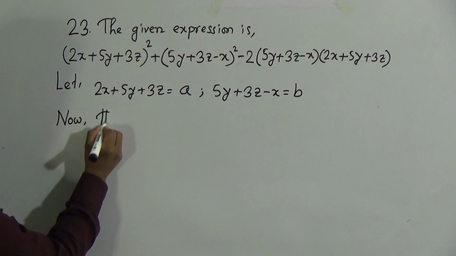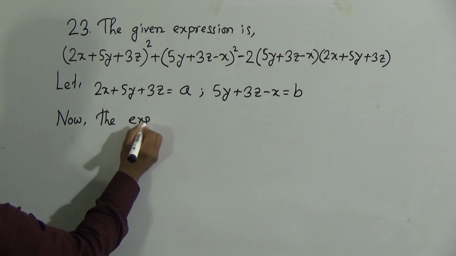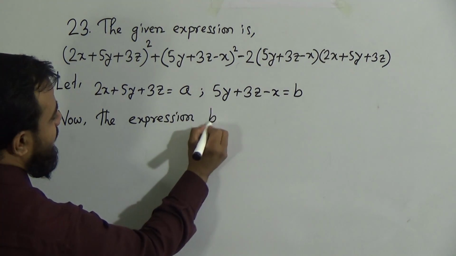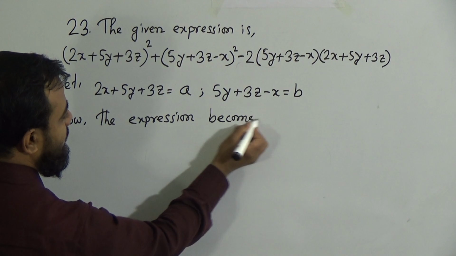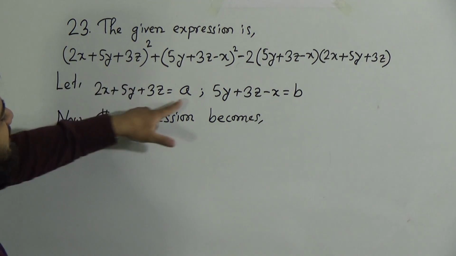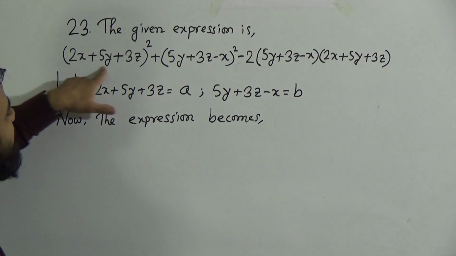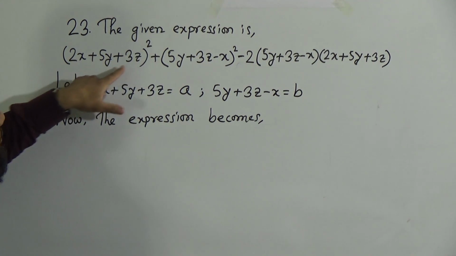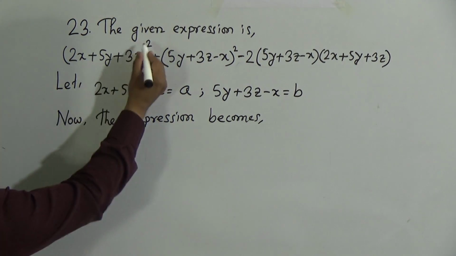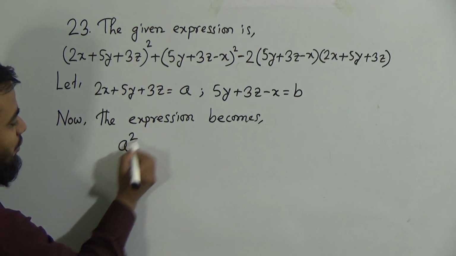Now the expression becomes, what? This one we assume already as a, so we can write a in the place of twice x plus 5y plus 3z. Okay, and the square sign we have, so a square.